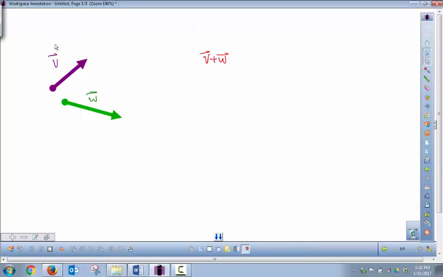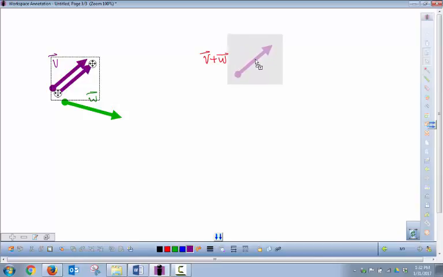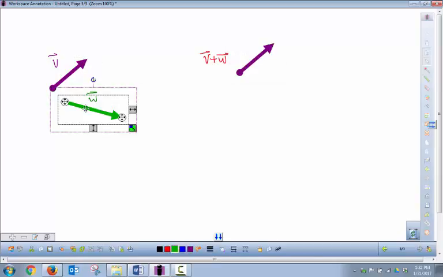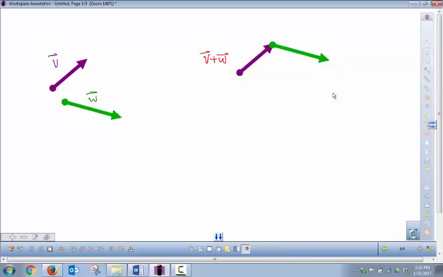With vectors, we take V and W and draw it so that the head of V and the tail of W, the W is what you're adding, are the same point. We can have V in standard position, or we can just have it anywhere in space if we just want to see how the vectors look.